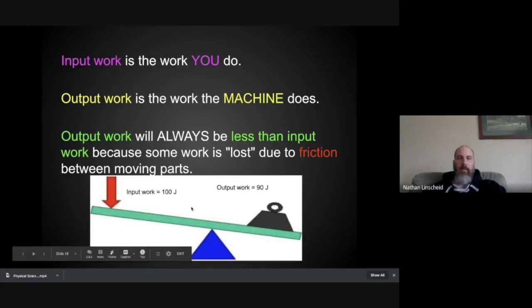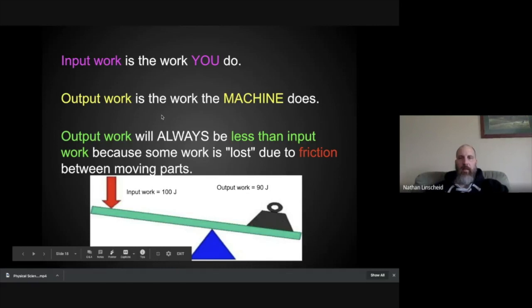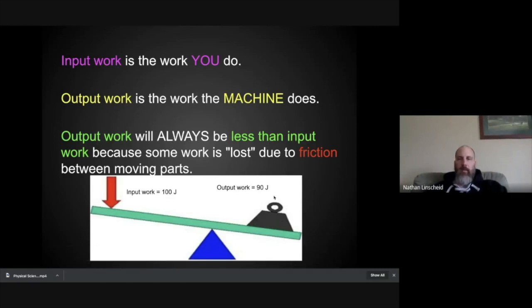So for example, look at this lever here. I've got a weight right there. This is where I'm going to push down. Now, I might not be able to lift this up, but if I only have to push down with a little bit of force here to lift that up, I will have to move it through a greater distance. I've got a couple of videos that we're going to watch so that you can see how that works. But the output work, the lifting of this, will be less than what I actually do.